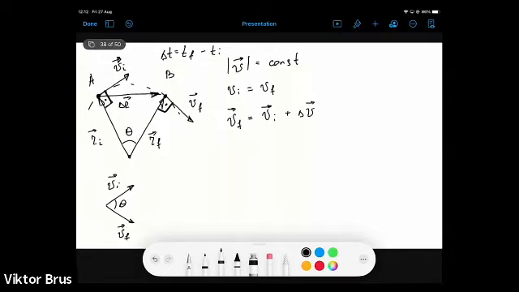So we can show it here. So this is the delta v vector. Now let us take a look at these figures and see what we have.